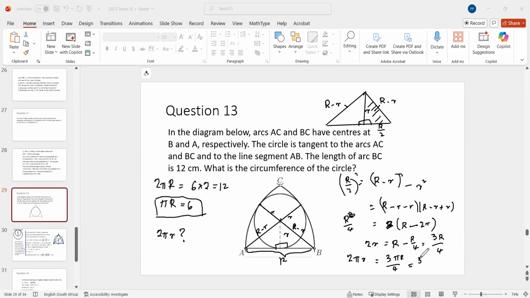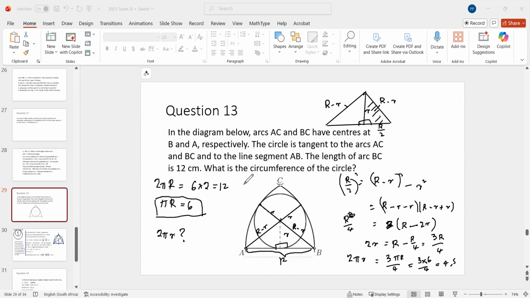So this gives you 18 over 4. Four comma 5. I don't remember. I worked this thing out.